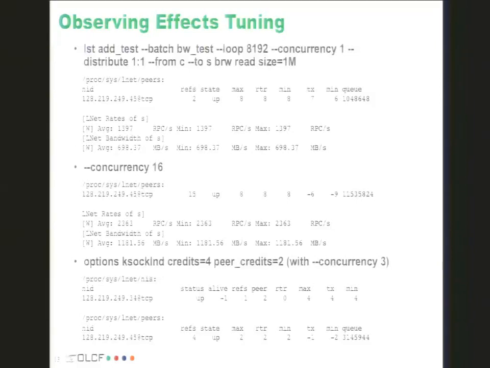So another test that I thought would be interesting, just to demonstrate the peer credits versus credits differential, is to set credits to 4, but peer credits at 2, and then run a test from a single client to that server with concurrency equal to 3. We can see the expected behavior: if you look under proc at the NIS file, you can see the queue states of that peer.